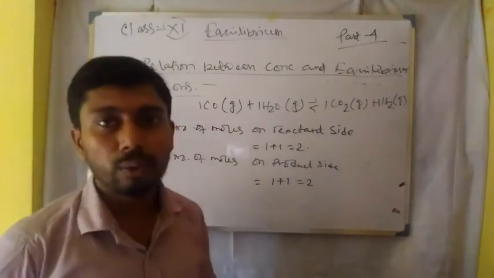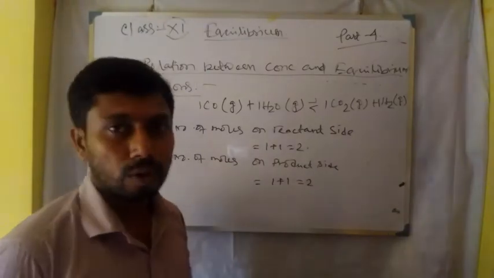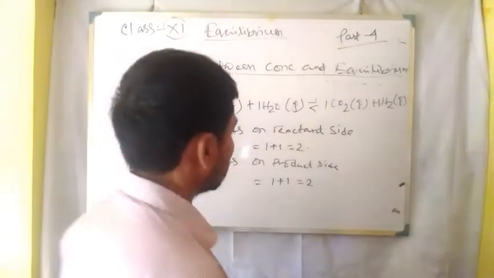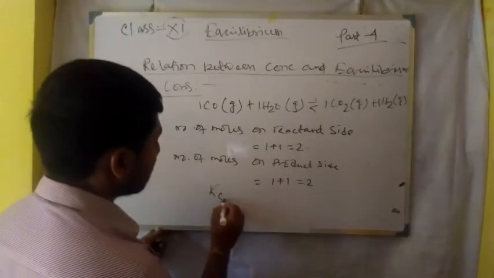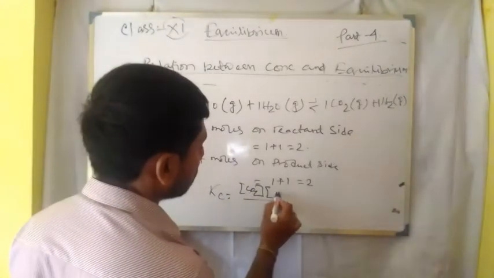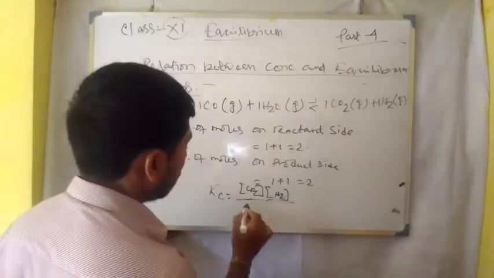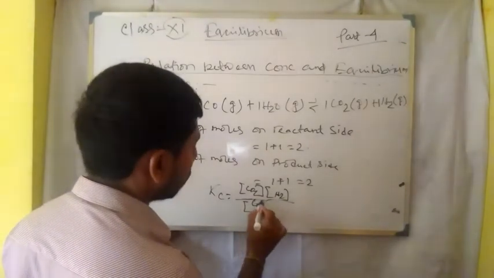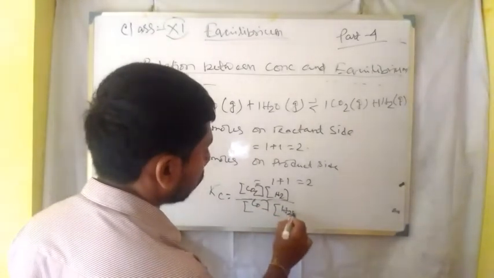So here there will be no unit for Kc. Kc is the concentration of CO2 gas into the concentration of hydrogen, and in the denominator it will be the concentration of CO and the concentration of H2O.